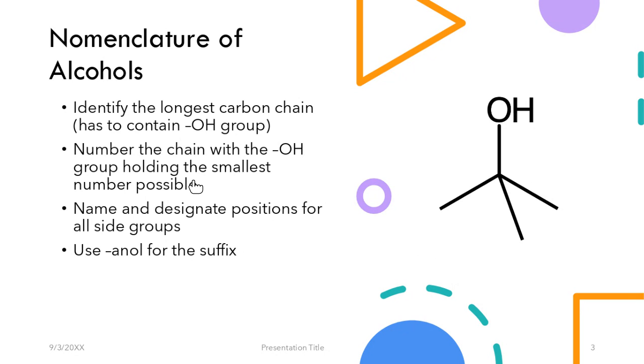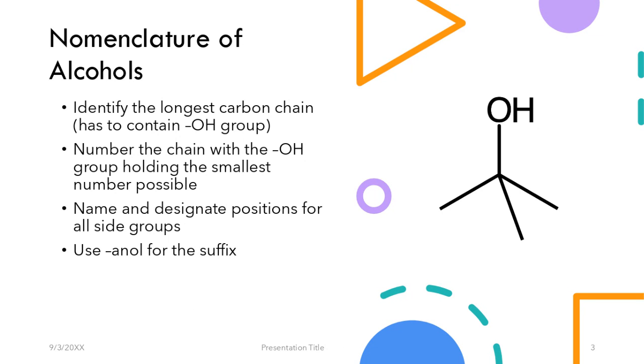You'll number the chain with the OH group holding the smallest possible number. So that's your priority group, the OH group. So you want that to have the lowest number. And then you'll just designate positions and names for all your side groups, and the suffix for alcohols is -anol.